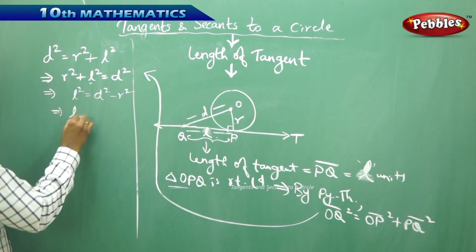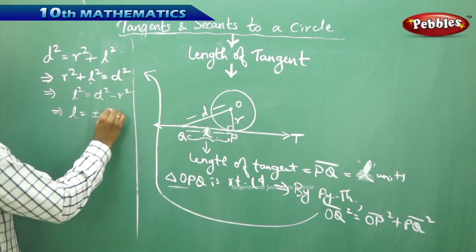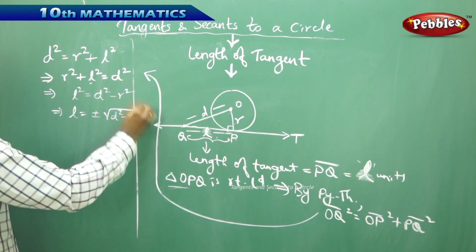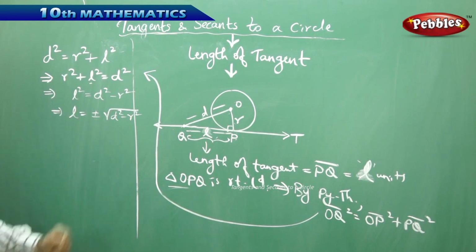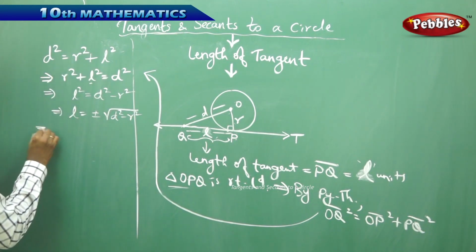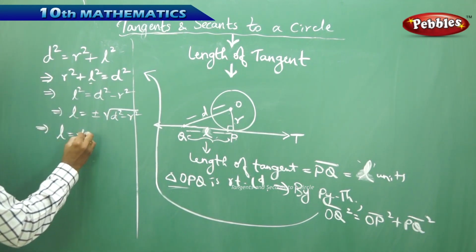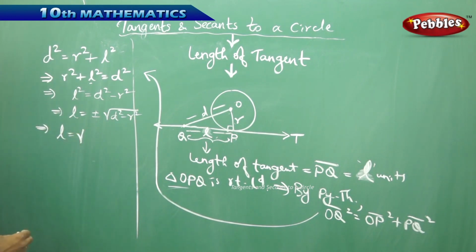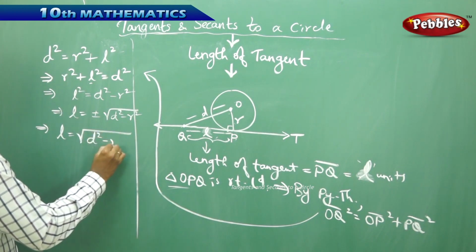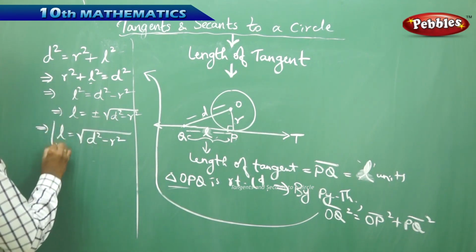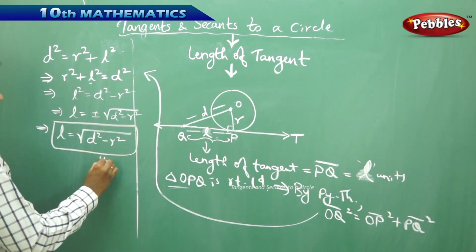That implies L is plus or minus root of D square minus R square, but I don't take the negative value because length cannot be negative. Therefore, taking the positive value, L is root of D square minus R square units.